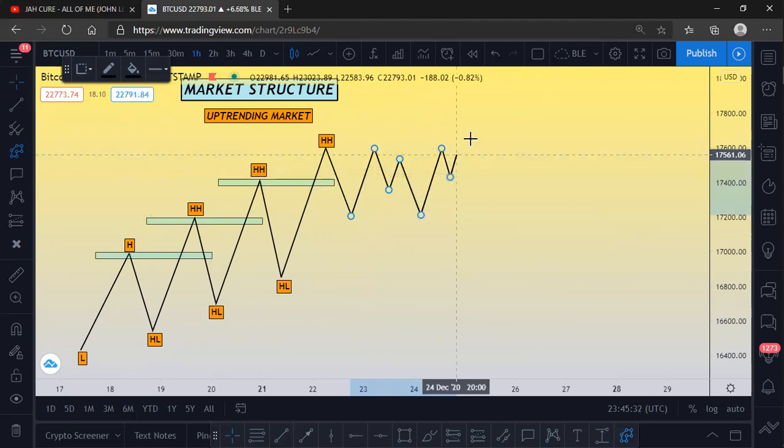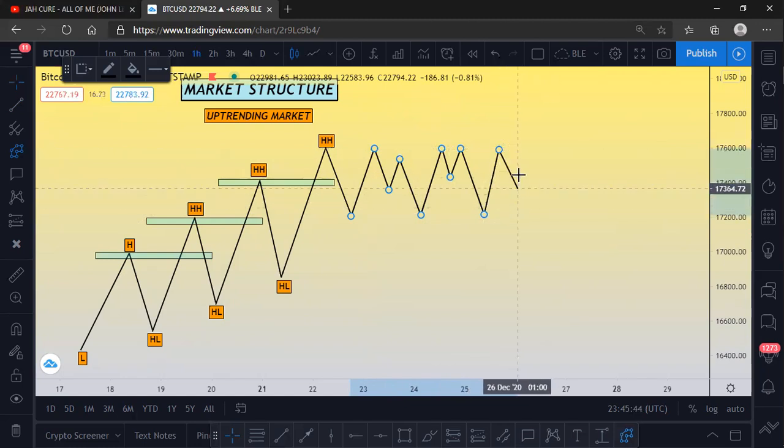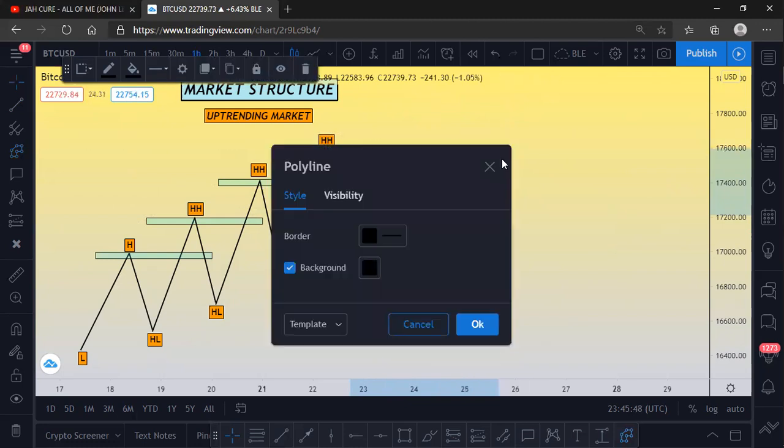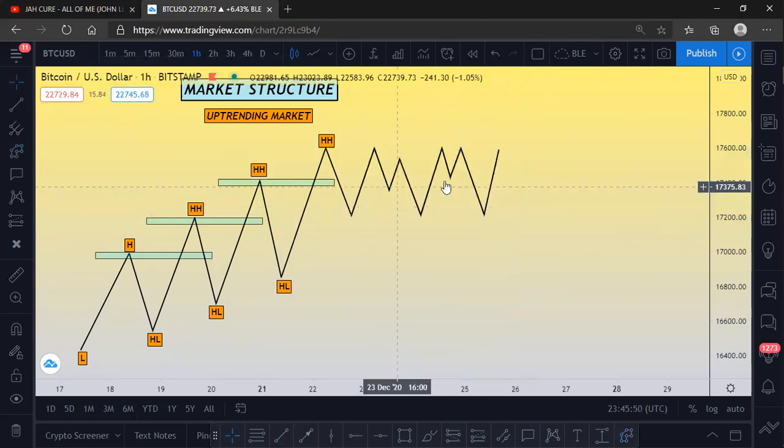What is the market doing now? Consolidating. Yes, that's good. The market is now consolidating. So it's still looking for a direction to go. Okay. All right. Let me make this. Okay, so now the market here is consolidating, right?